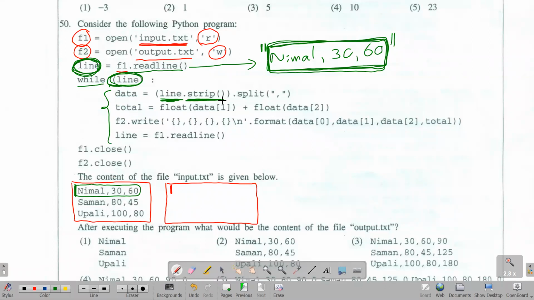In case the variable line has leading and trailing spaces, those things will be taken out. In other words, it will convert into a string which starts from the letter N and ends with the number 0.